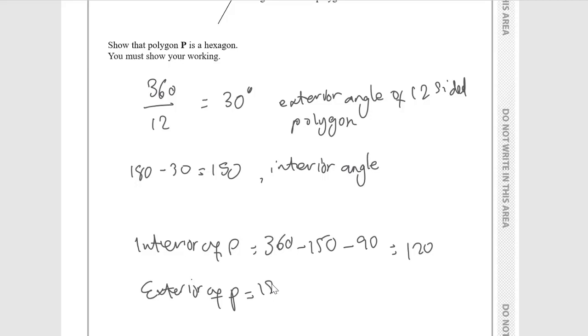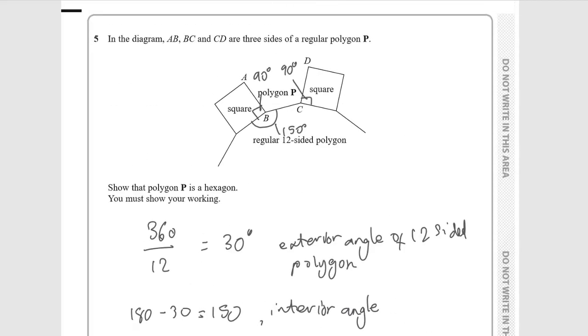So then the exterior angle of P is going to be 180 minus 120, which we got from here, which equals 60. So we know that, choose a different color, this is going to be 120. So that's 120.